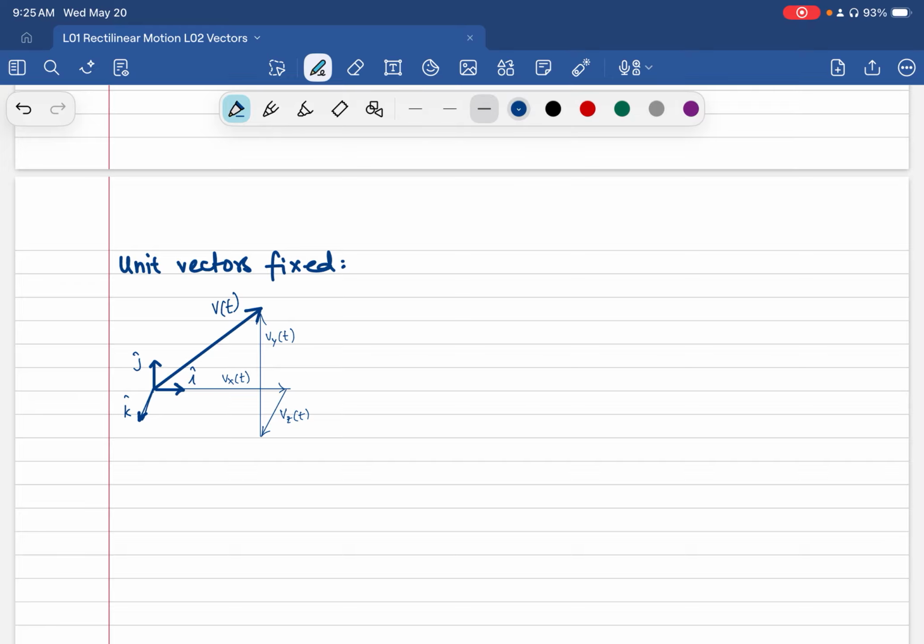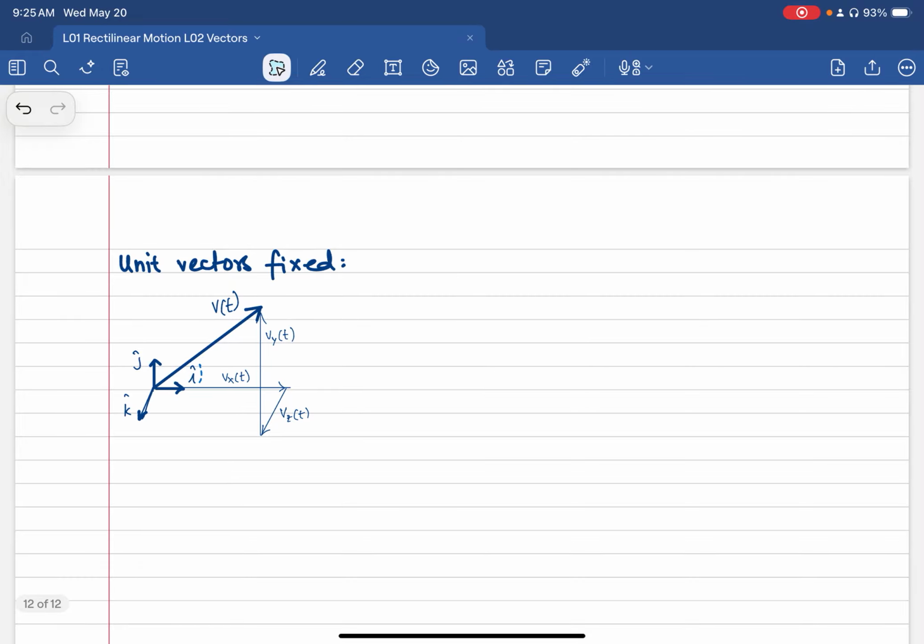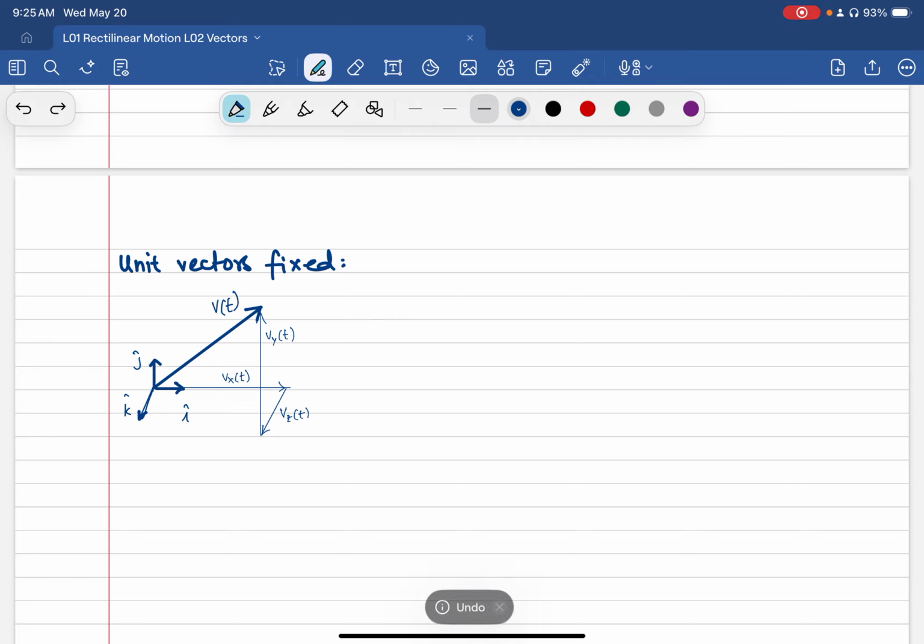Let's now define the case for time t plus h. Just drawing something as a different vector at time t plus h. Okay, these are vectors. And I'm trying to get the components again.